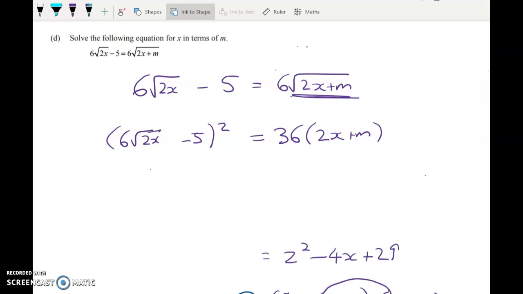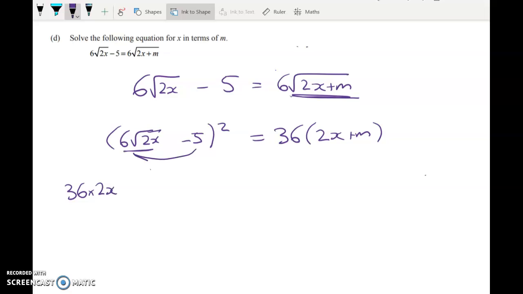And now in the next line, I'm going to expand the brackets on the left-hand side. So expanding here, we're going to get 36 times 2x, then I'm going to have minus 2 lots of 5 times 6 root 2x, plus 25. And expanding over here, I get 72x plus 36m.